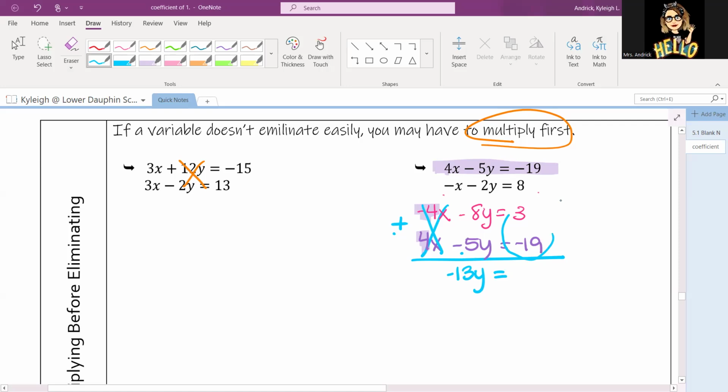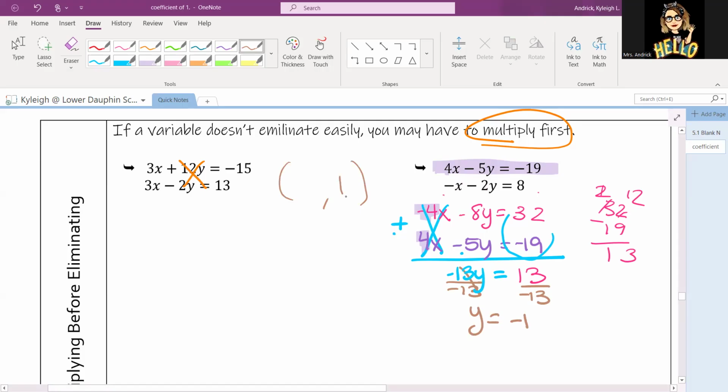And 32 plus -19, which I don't know what that is, 13. Now we're just going to divide by -13. And we get y equals -1.